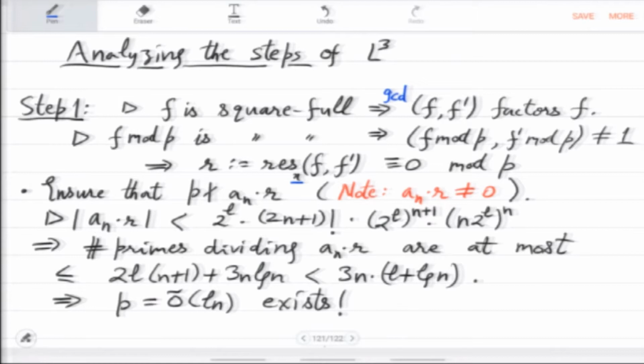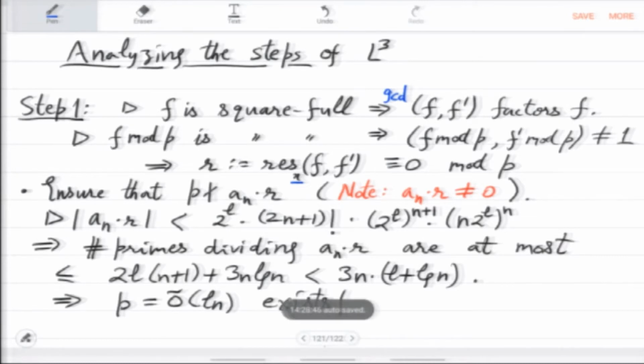So that's R. What you want is a prime p such that p should not divide the resultant R, and p should not divide a_n, the leading coefficient. Okay, so we want a prime number p that doesn't divide a_n times R.